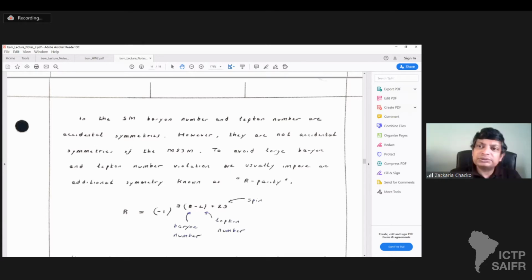No, so the idea is you start with an exact supersymmetry and you spontaneously break it. Trying to think of an example off the top of my head.